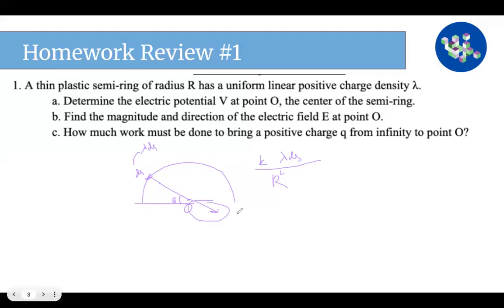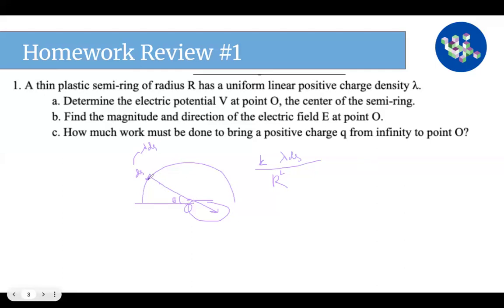But since I know that the horizontal components will cancel, when I integrate over the semi-ring, I only need to care about the vertical component because the horizontal component will cancel.